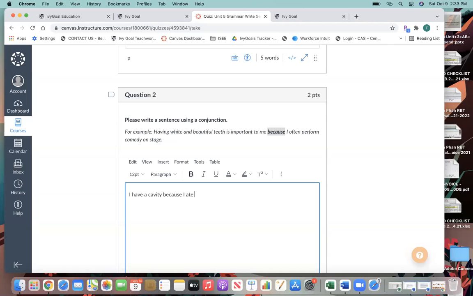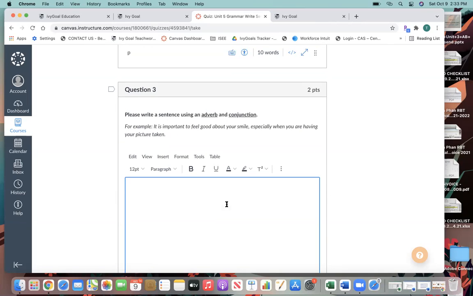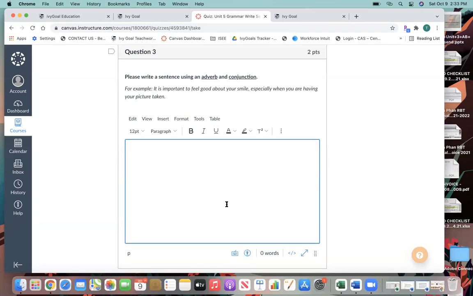Number 3. Write a sentence using an adverb and a conjunction. Ooh, tough. So what are adverbs usually? They end in... Do you know what adverbs are?